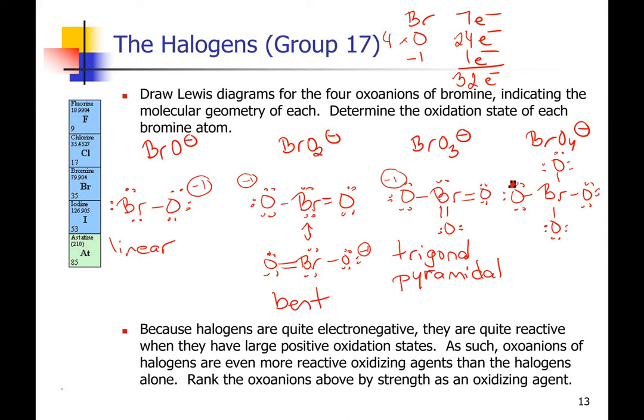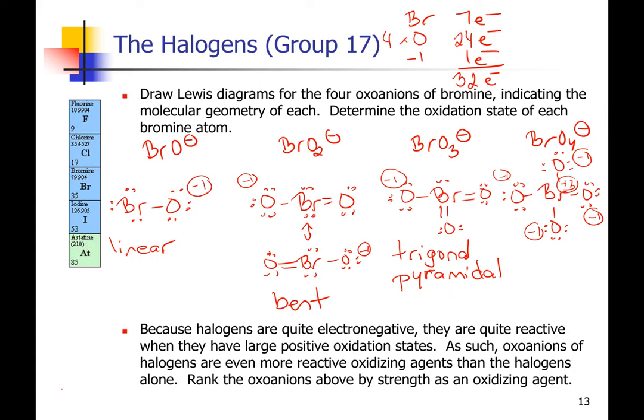In that case, we would have -1 formal charges on each of the 4 oxygens, and we would therefore have a +3 formal charge on the bromine. That's your obeys the octet rule Lewis diagram.